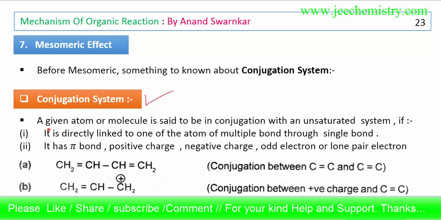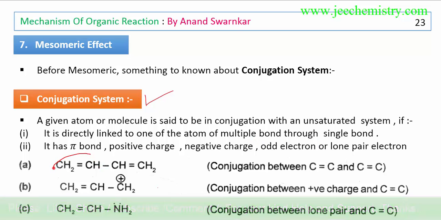A given atom or molecule is said to be in conjugation with an unsaturated system if it is directly linked to one of the atoms of a multiple bond through a single bond.